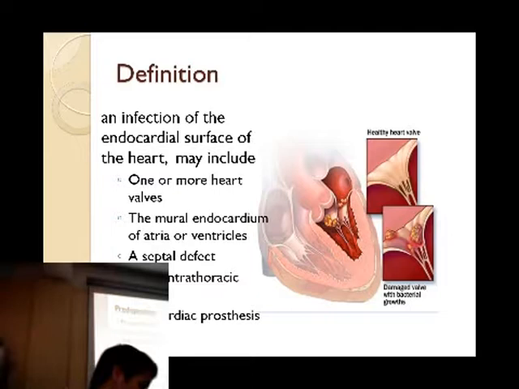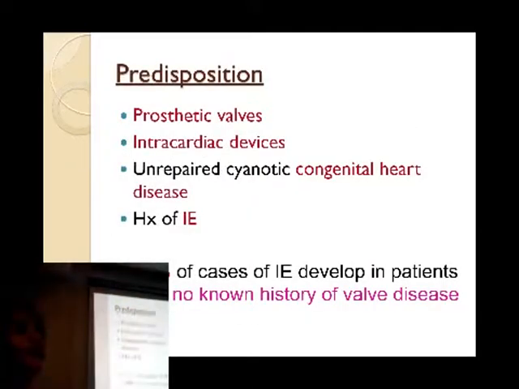Now the question comes up, do we all develop infective endocarditis? No. There are people who have high risk, especially people who carry a prosthetic valve, I already mentioned that, or any intracardiac device, and people who have had previous cyanotic congenital heart disease such as Fallot's tetralogy or tricuspid atresia.